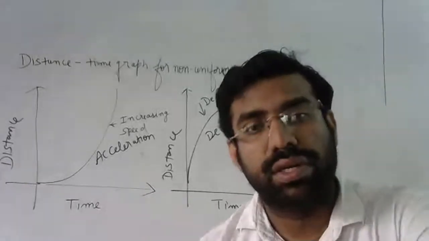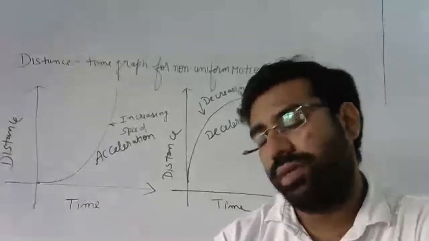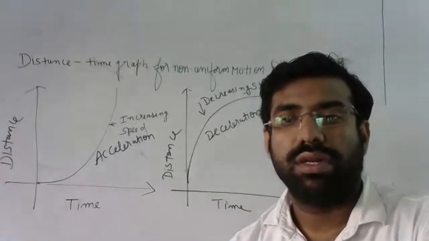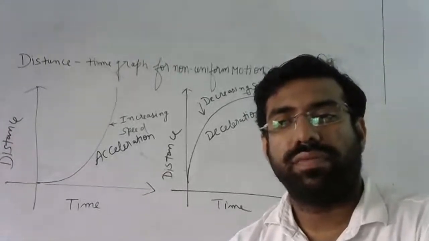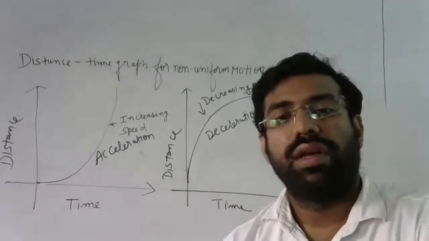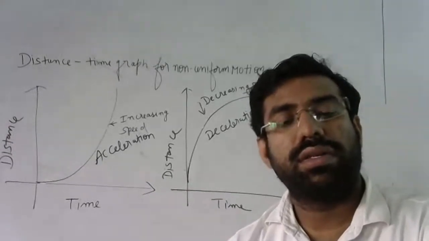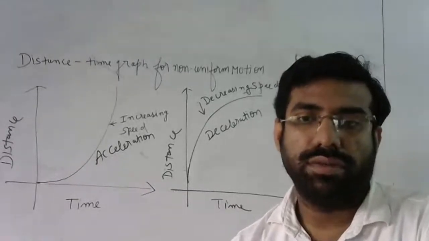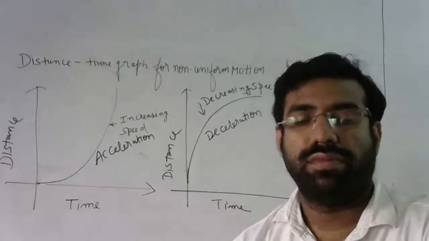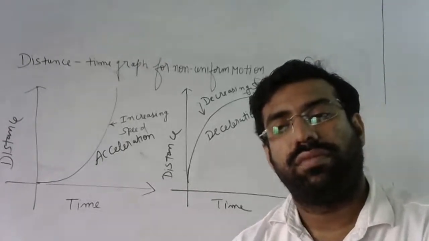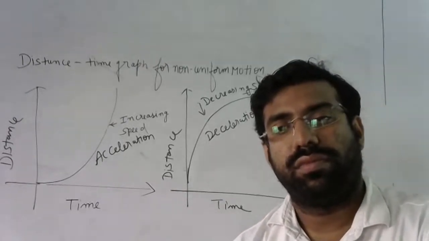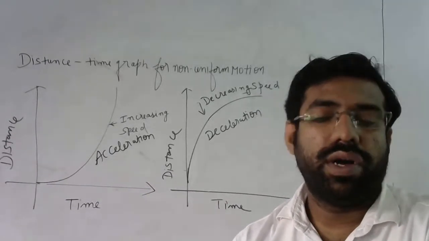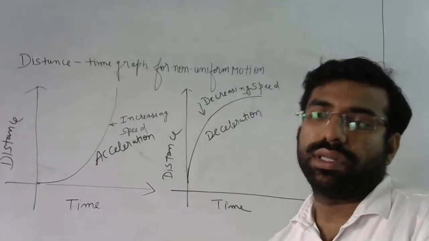Velocity is a vector quantity. Why is it a vector quantity?